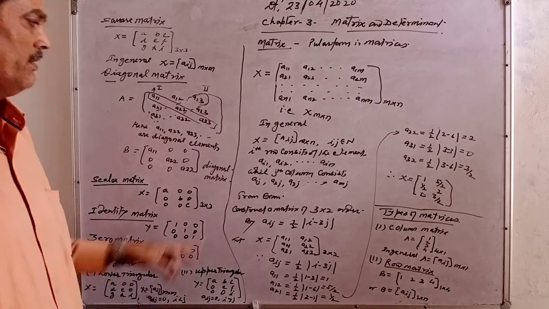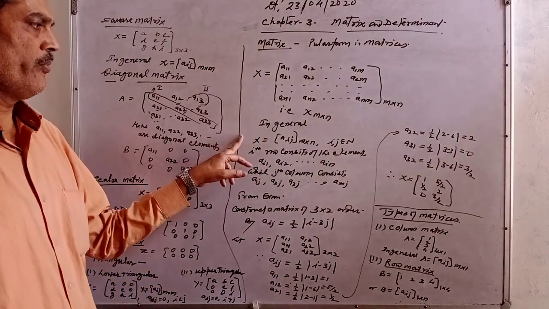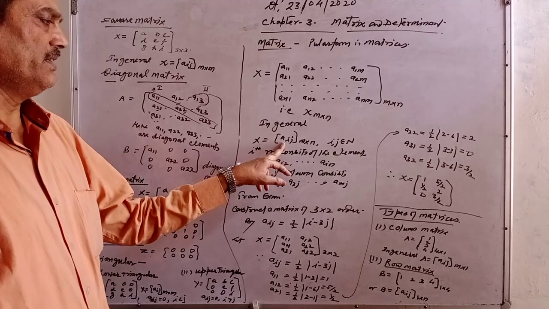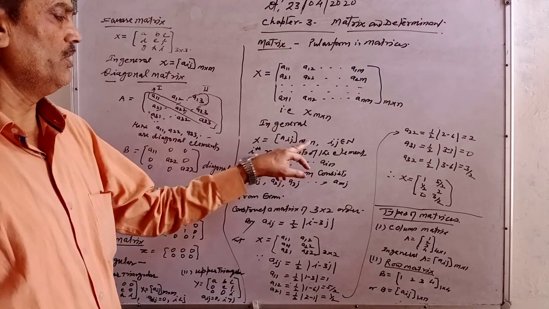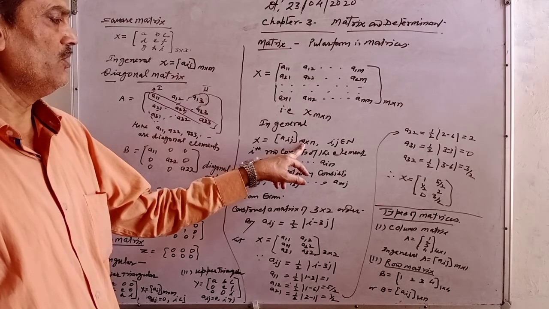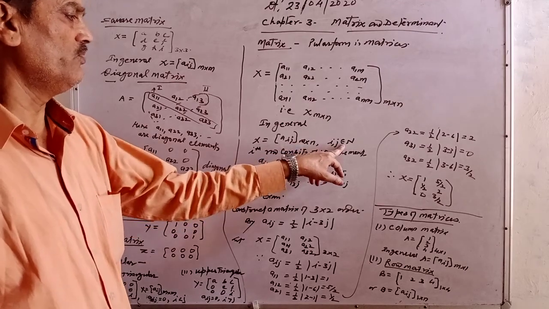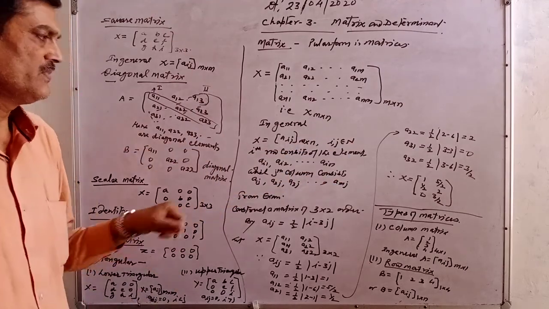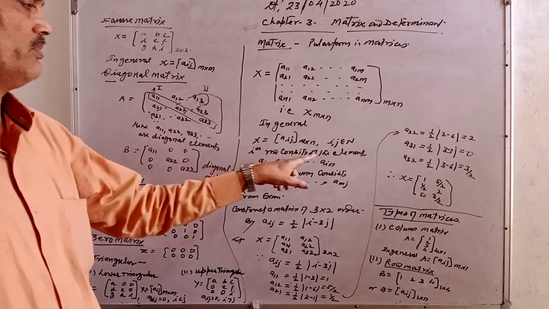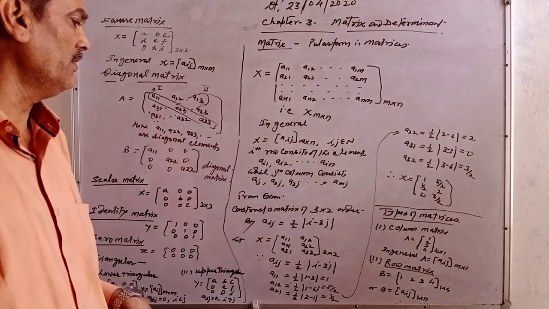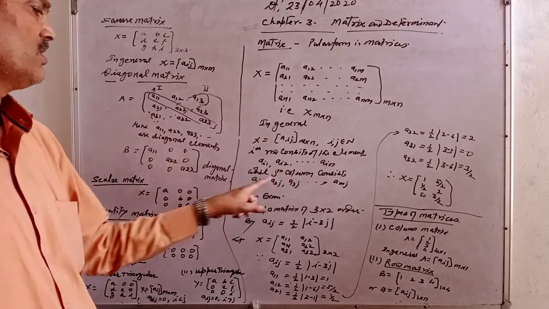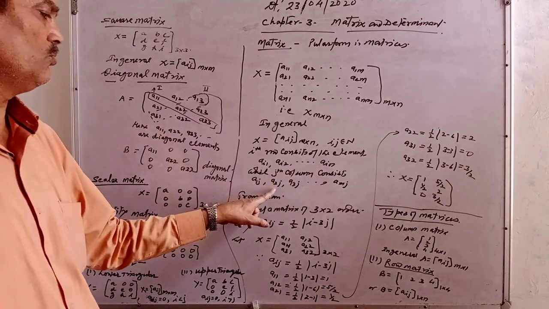In general, A is equal to aij, where i is 1 to m and j is 1 to n, means order is m into n. i and j both belong to natural numbers.